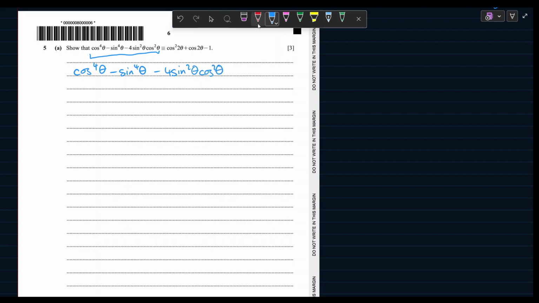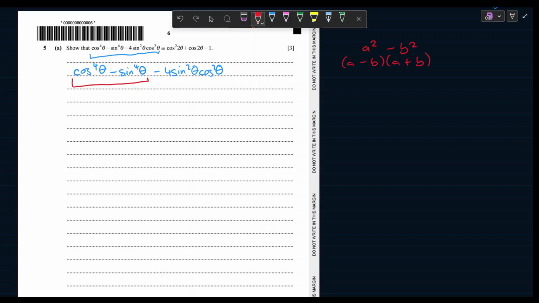And the first thing that I'm seeing here is we've got a difference of two squares. A difference of two squares is anything of the form a squared minus b squared, and this can be factorized to a minus b times a plus b.